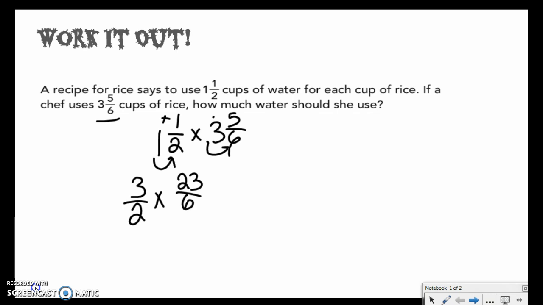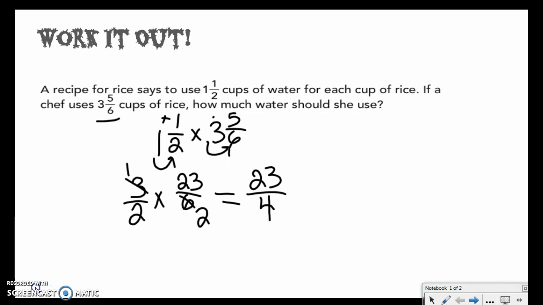Again, looking at your problem, you can already see that 3 and 6 have a common factor, and that would be 3. 3 can go into itself 1 time, and 3 can go into 6 2 times. 2 and 23 don't really have anything in common, so we can go ahead and multiply straight across. 1 times 23 will give you 23, and then 2 times 2 will give you 4.